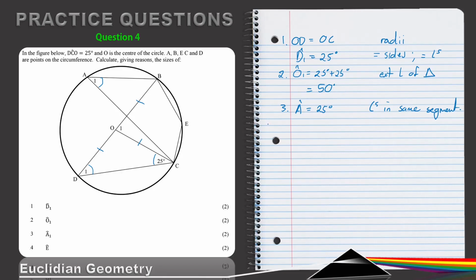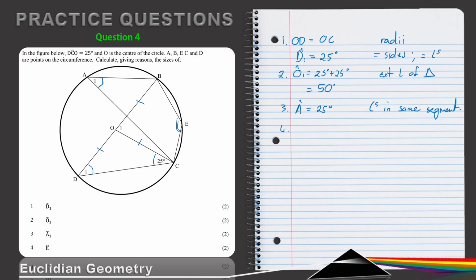Right. Now for the final one, for E. If we look at E, we can see E forms part of a cyclic quadrilateral. It actually forms part of two cyclic quadrilaterals, so you can choose which one you want to use. But we do know that the opposite angles of cyclic quadrilaterals add up to 180. So A1 and angle E add up to 180 because they fall in a cyclic quadrilateral.